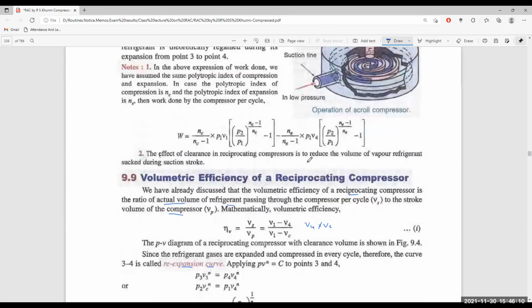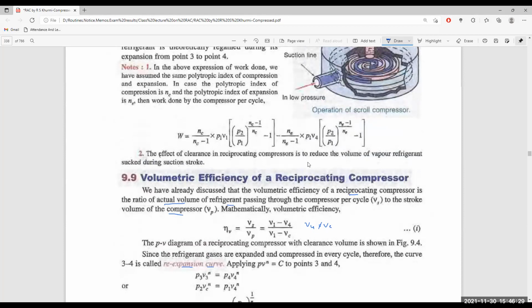That is, 3-4 is defined as the re-expansion curve, where 1 to 2 is the compression, 2 to 3 is delivery, 3 to 4 is expansion, and 4 to 1 is suction.